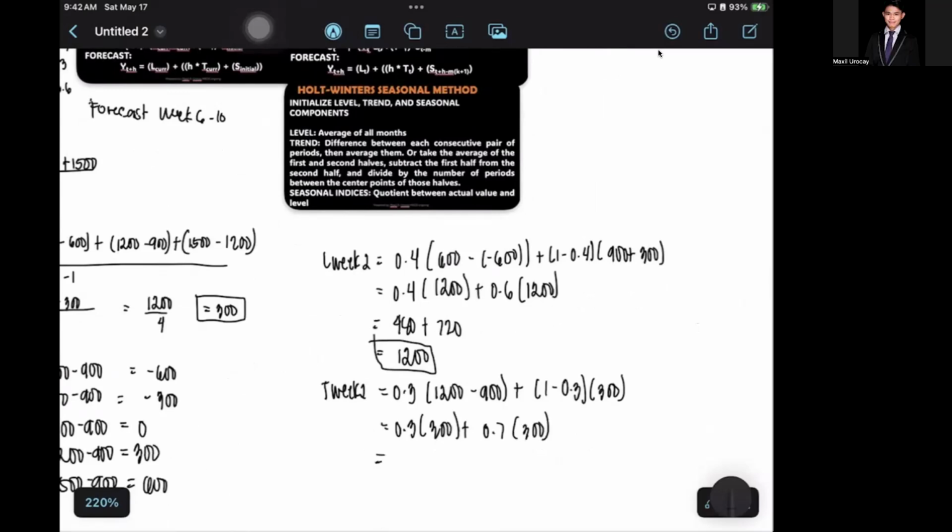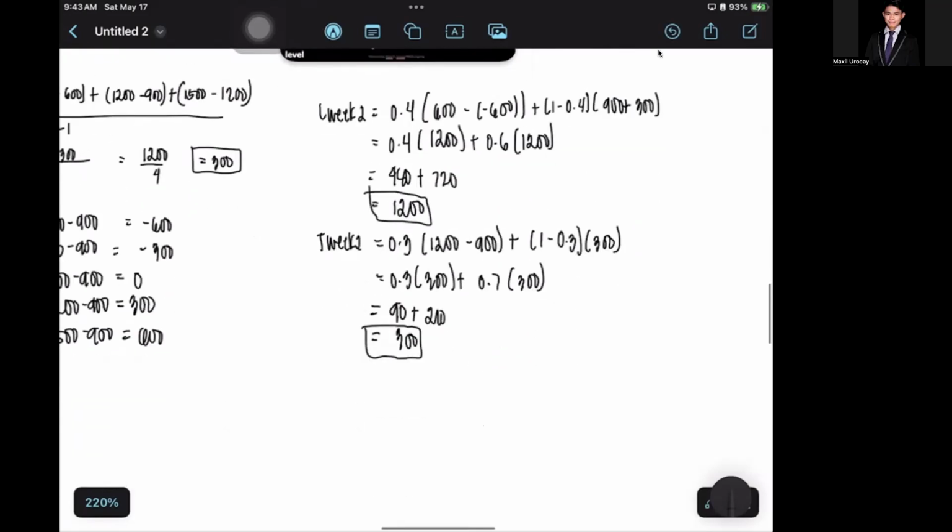So 0.3 times 300 is 90, plus 0.7 times 300 will become 210. 210 plus 90, that will become 300 still.